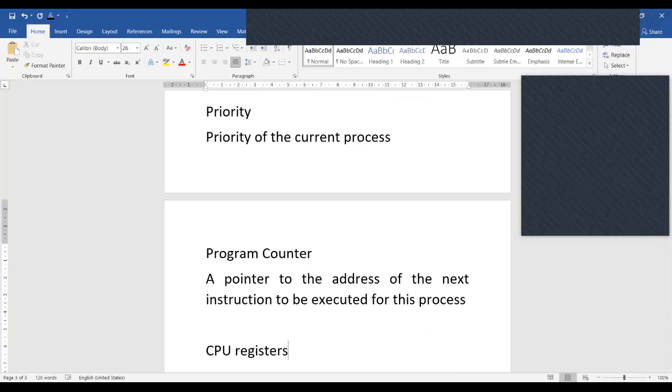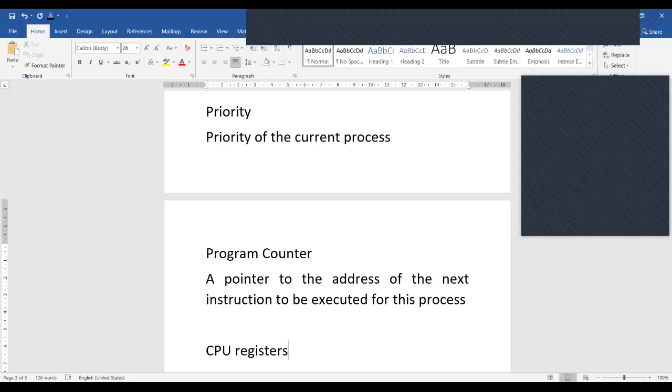Ma'am, can you please repeat priority? Because I can't understand. Yes. When you start learning scheduling algorithms, you will find that there are some algorithms where processes are executed based on their priority.